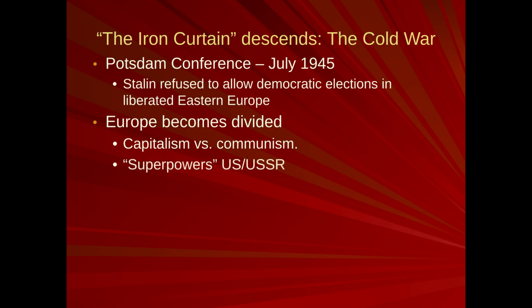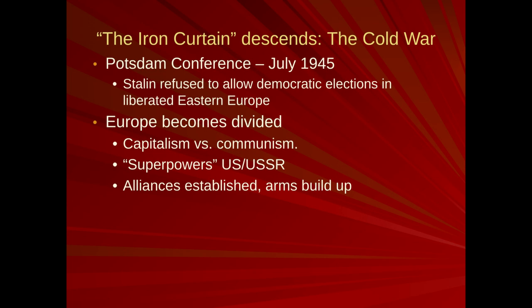Of course, the United States and the Soviet Union are going to be known as the superpowers, mainly because their economies are the strongest. They're the strongest militarily after World War II is over with. So therefore, they get this nickname of the superpowers.